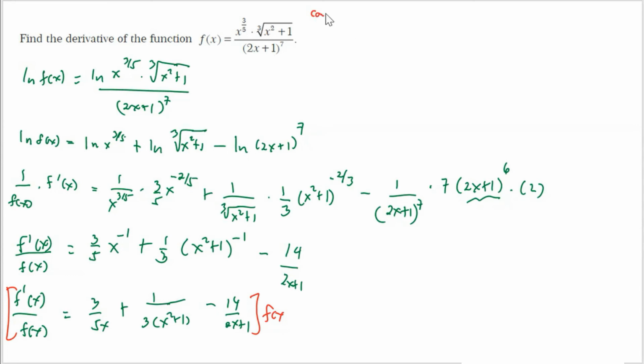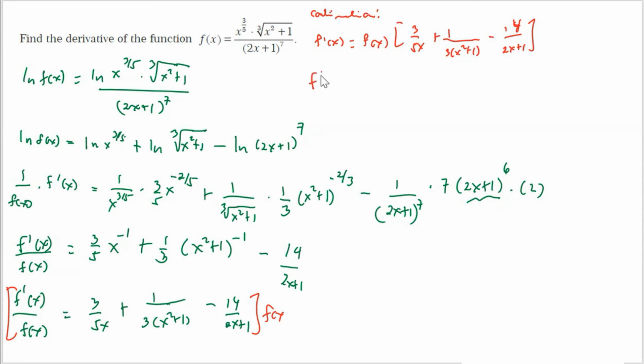This is our continuation. Okay, so we can write now f prime of x is equal to f of x times the quantity of 3 over 5x plus 1 over 3 times x squared plus 1 minus 14 over 2x plus 1. So by substitution, we can rewrite f of x, which is the original given.